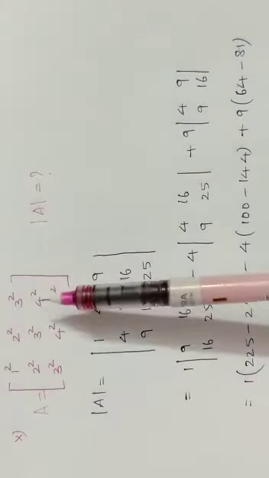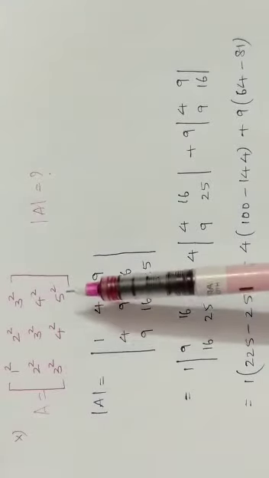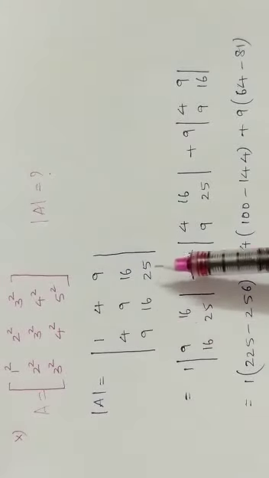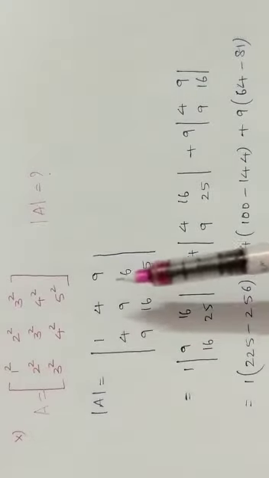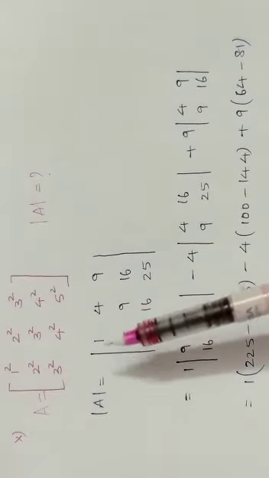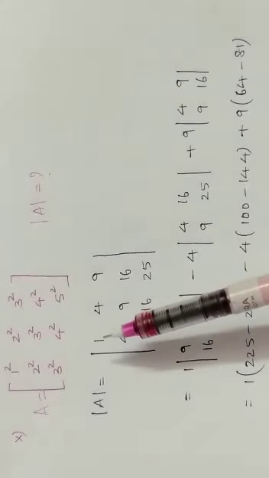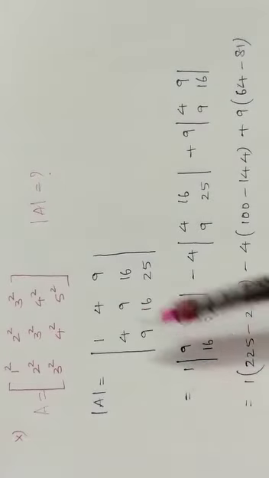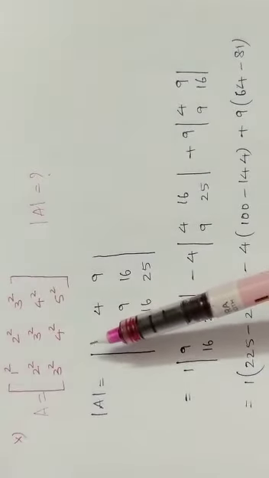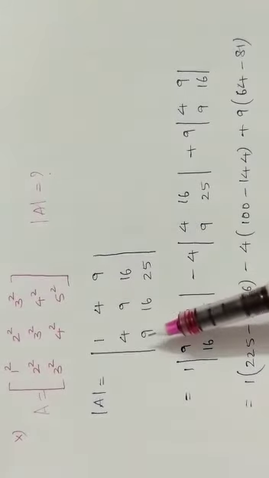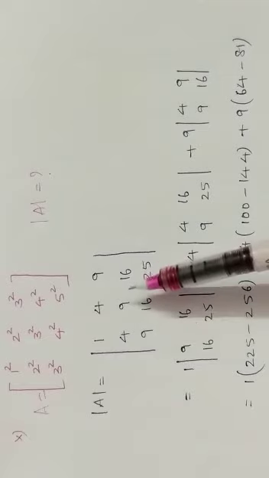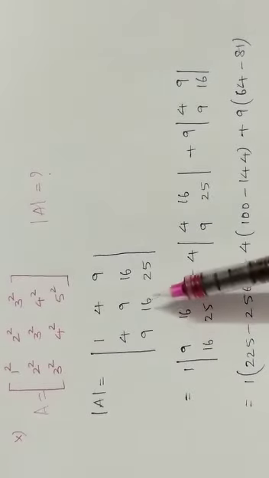So I have written the respective squares of these elements. Now determinant of this 3 by 3 matrix, 1 into the same sign 1. Remove row and column in which this element is present. Left with 4 elements 9, 16, 16, 25.